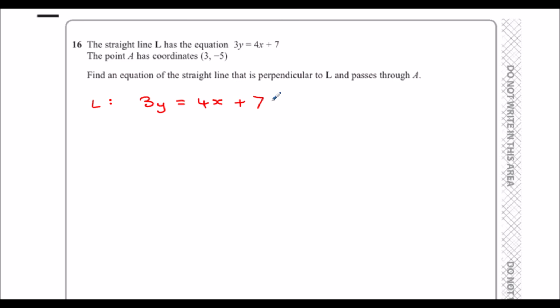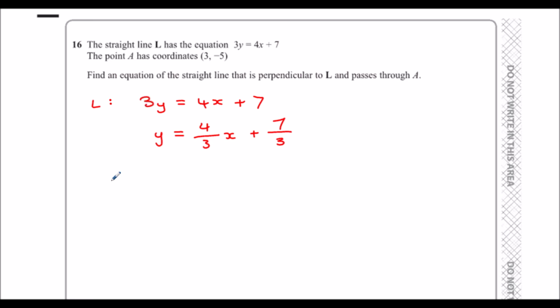To know the gradient, we want to put it in the form y equals mx plus c. To do that, we can divide everything through by a 3. So divide every term by 3. So y equals 4/3 x plus 7/3.